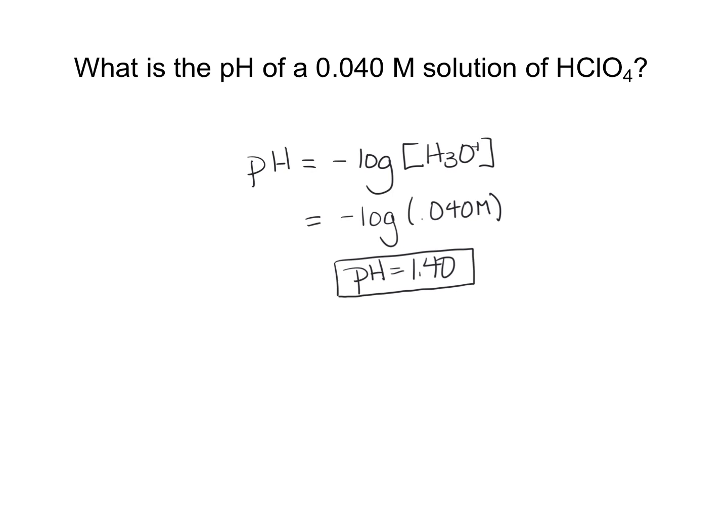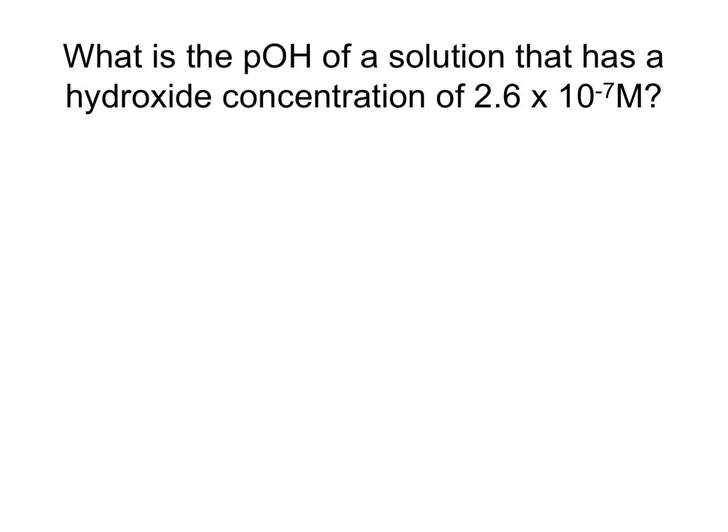Another type of problem that we can run into is, what's the pOH of a solution that has a hydroxide concentration of 2.6 times 10 to the negative 7? Well, now we have pOH, and we're given hydroxide concentration, and we know the relationship between pOH and the hydroxide concentration is pOH equals negative log of the concentration of OH-.